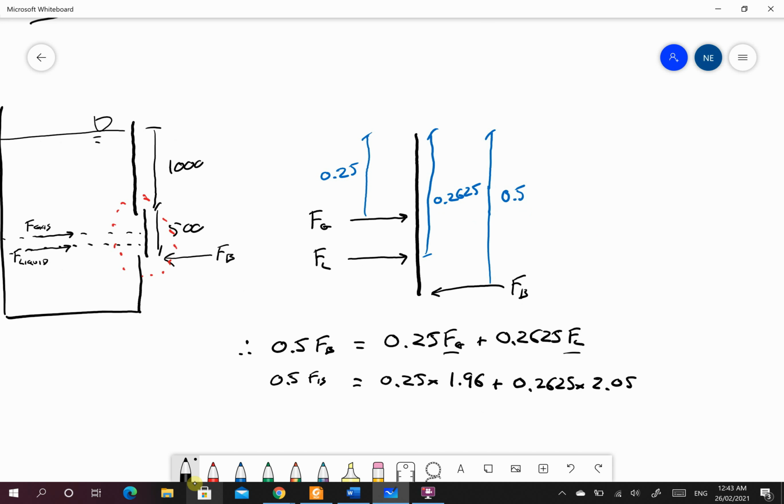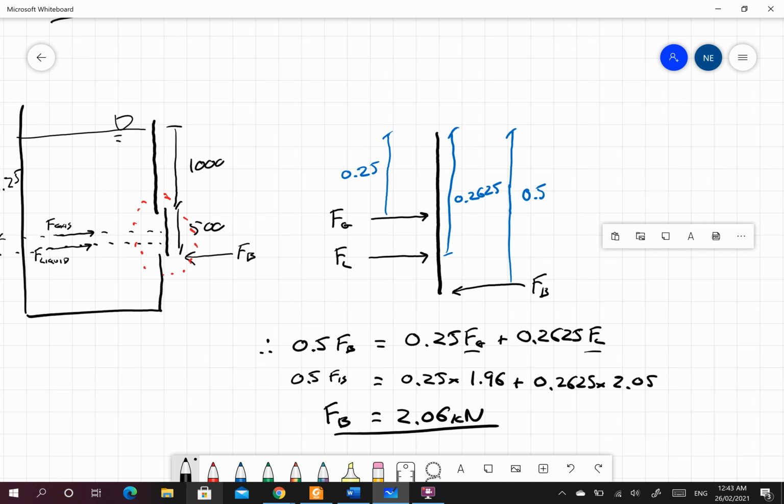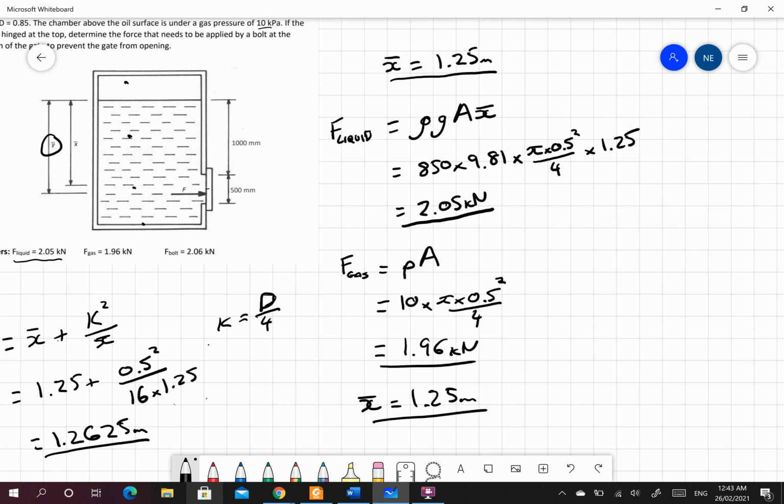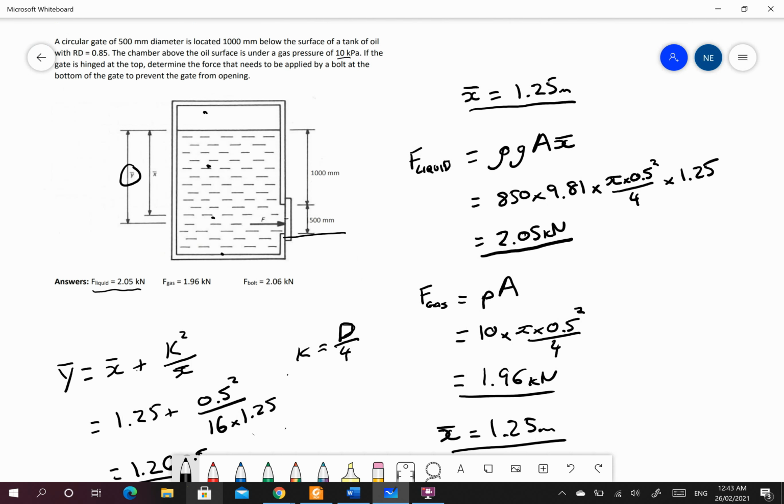Rearrange, so work this out, divide it. What you'll end up with is the force in that bolt is equal to 2.06 kilonewtons. That is how we solve this first one. So what we've worked out is the force here required to balance the force of the liquid and the force of the gas: 2.06 kilonewtons.